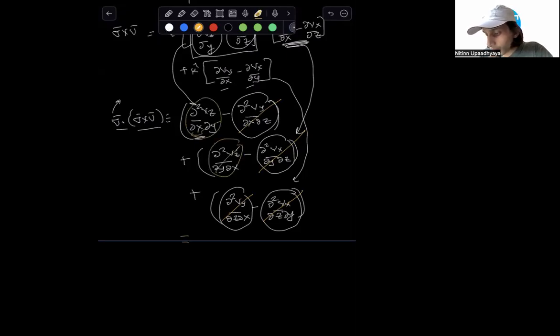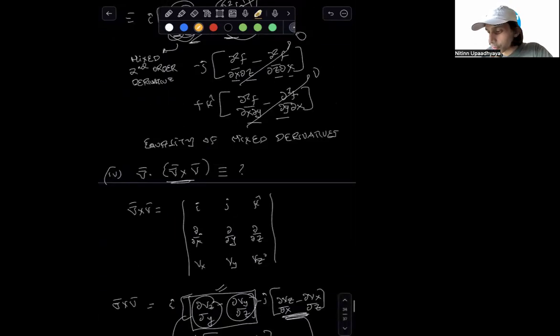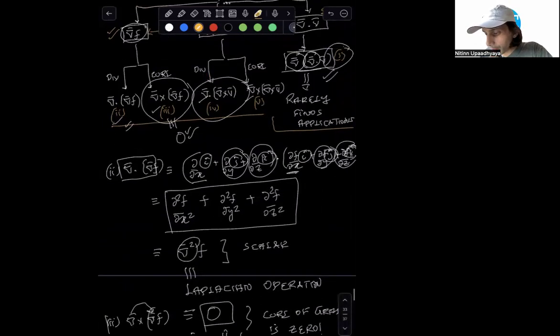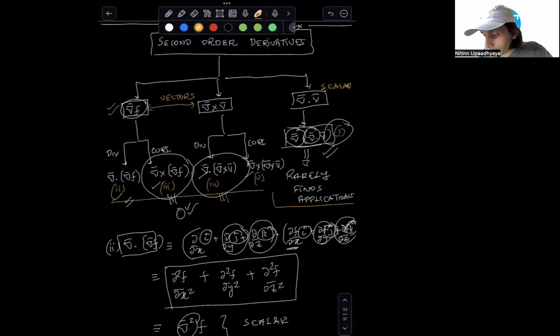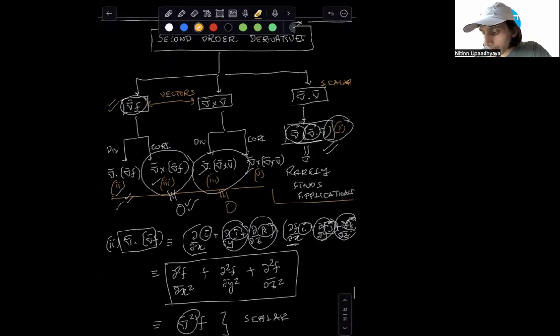So in the end, what we obtain is that the divergence of the curl is also 0. So if you go back to this expression, we found that this term is also 0. So of the 5 different second order derivatives, 2 of them are pretty much always 0 for most well-behaved physical functions. One of them is the Laplacian, and this one doesn't have a special name.